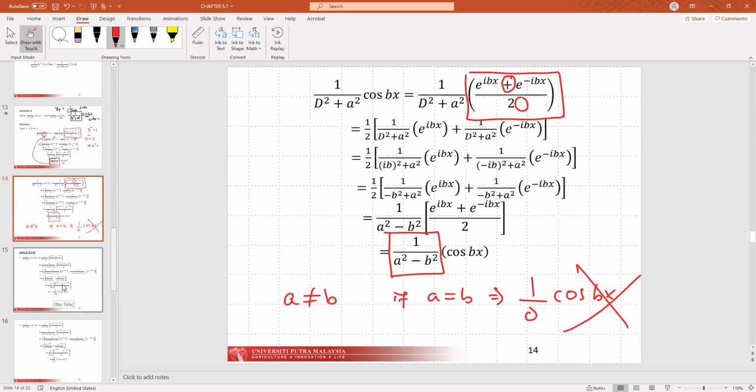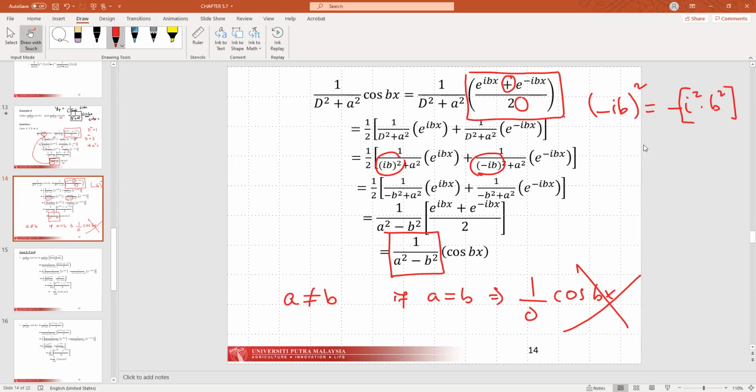Yang negatif ib kuasa 2 tu macam mana boleh jadi negatif b kuasa 2? Negatif ib kuasa 2, dia akan dapat apa? Negatif i kuasa 2 darab dengan b kuasa 2.